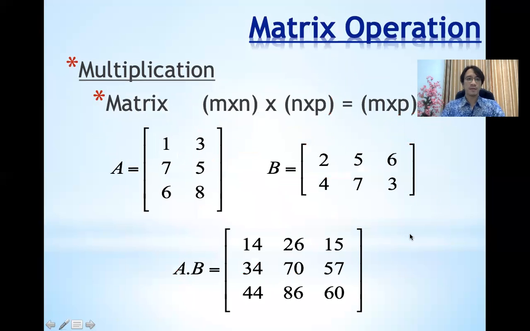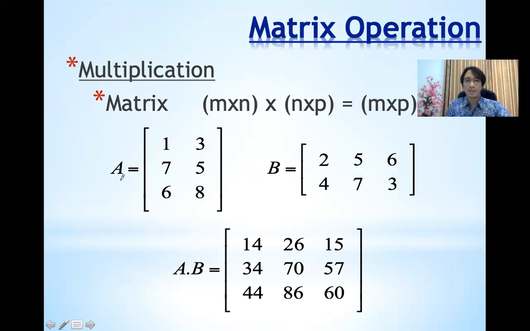Maybe we are going to learn easier if there is a number inside the matrix, not only the sign. So this is the matrix I want to explain to you first.